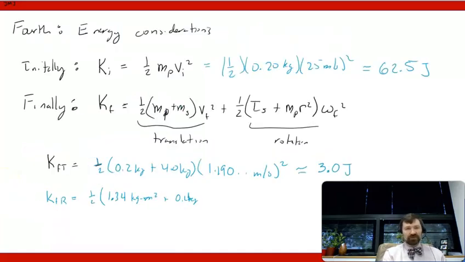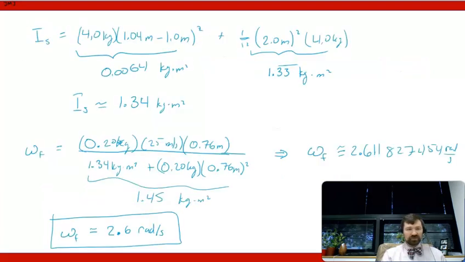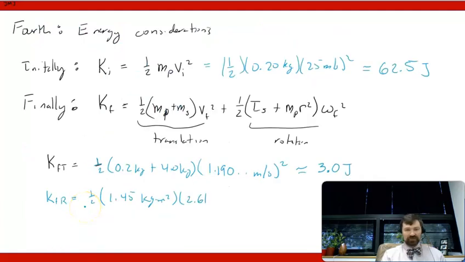So let's just put in the 1.45 here again. So 1/2 of 1.45 kilogram meters squared times omega final, which we just found was 2.611 radians per second, squared.